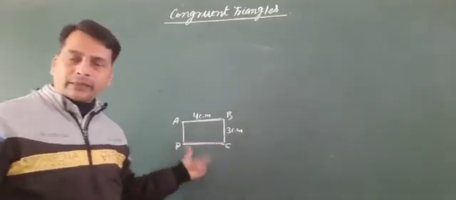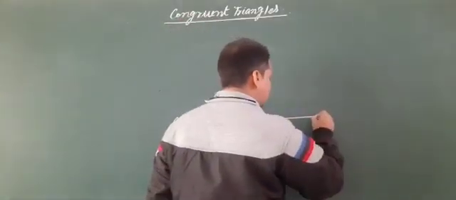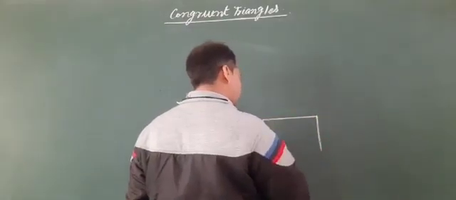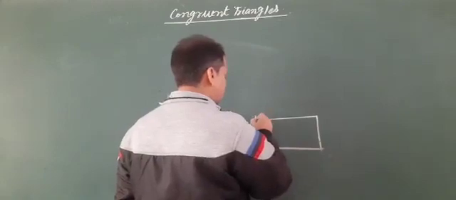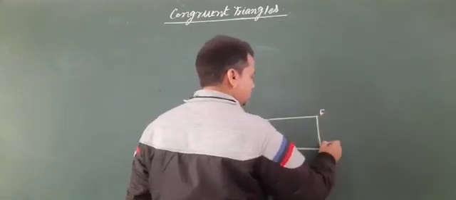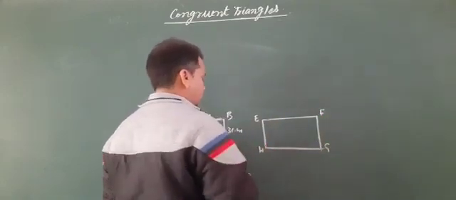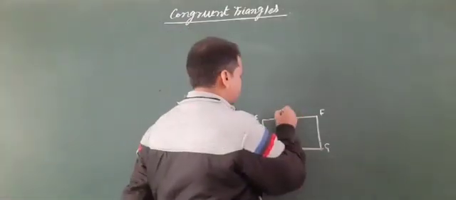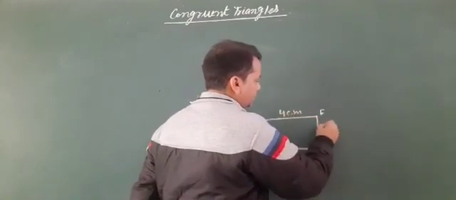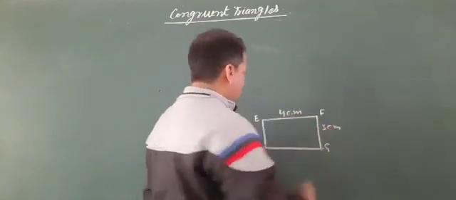Now another rectangle is also given, that is EFGH, with length 4 and breadth 3 also.